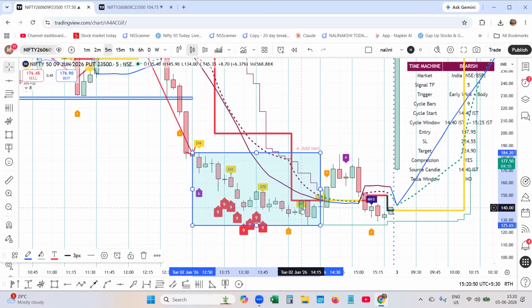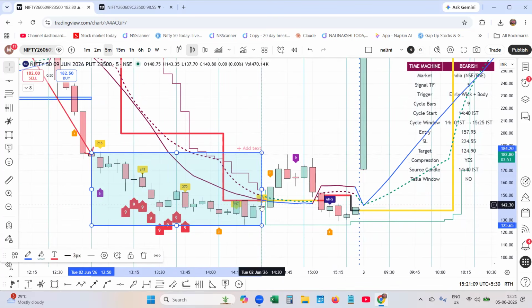Time is running off the time machine, and energy exhaustion is coming over here. 3 to 6, 9, that is the end of the cycle. Exhaustion is coming, and you get to see 350. This is the closing of the cycle for a brief period.